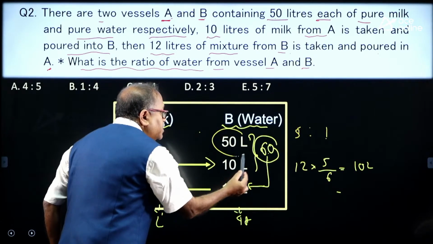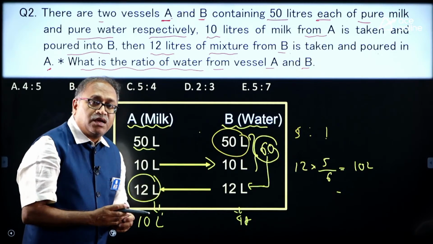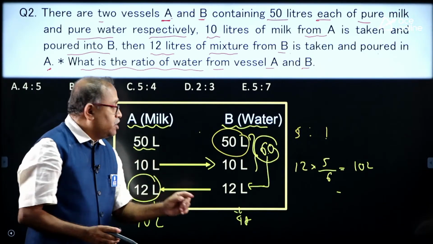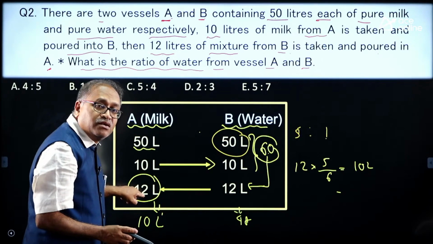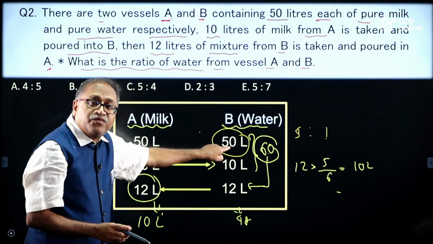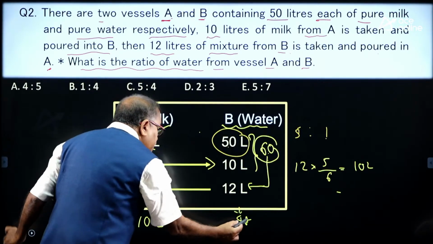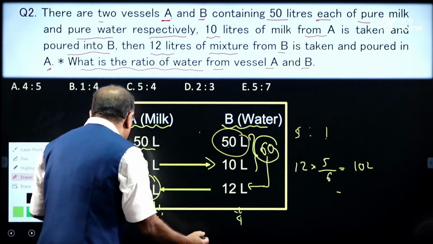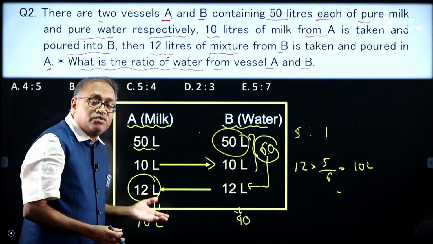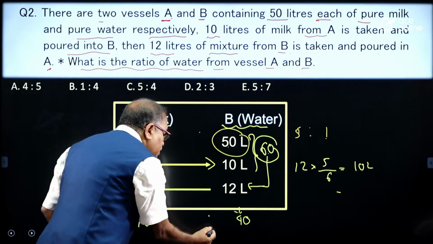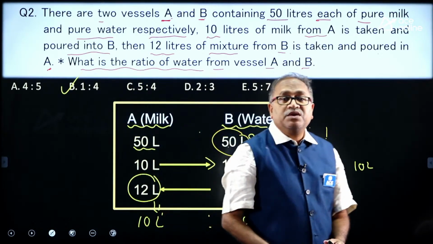Leave the milk part, I am only concerned about the water ratio. If the 10 liters of water comes out, then I am left with 40 liters of water. So, here it is not 48, it is 40 liters of water that is left. So, what is the water ratio of A to B? That is 1:4, and 1:4 is nothing but option B, my dear friends.